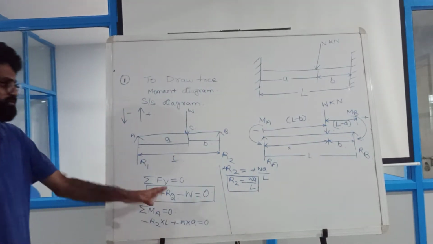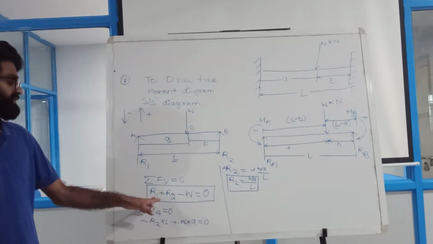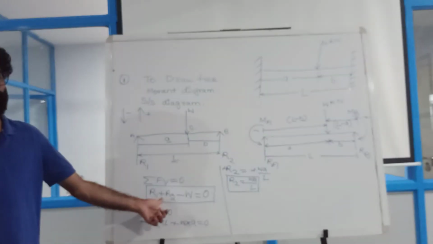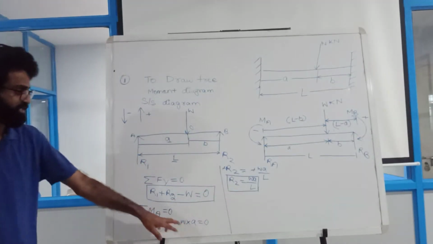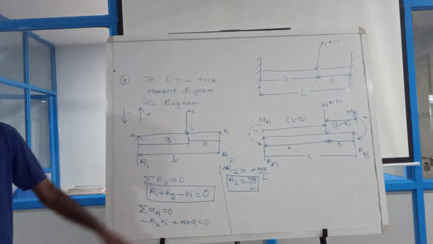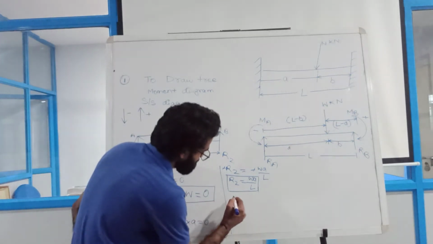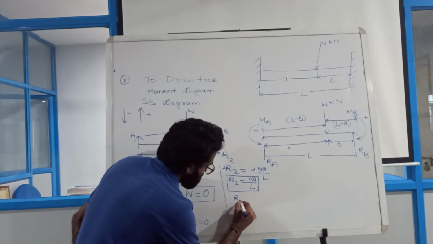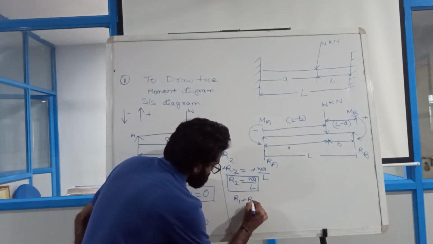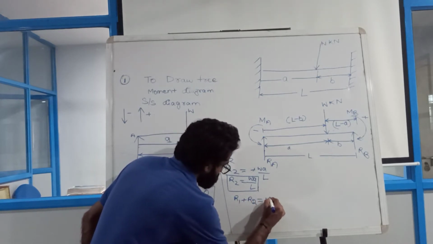I have the R2 value, but I still need to calculate the R1 value. So I have this equation. I am going to put my R2 value in this equation, and I am going to get the R1 value. So let us calculate that. R1 plus R2 is equal to W. Why have I written that?